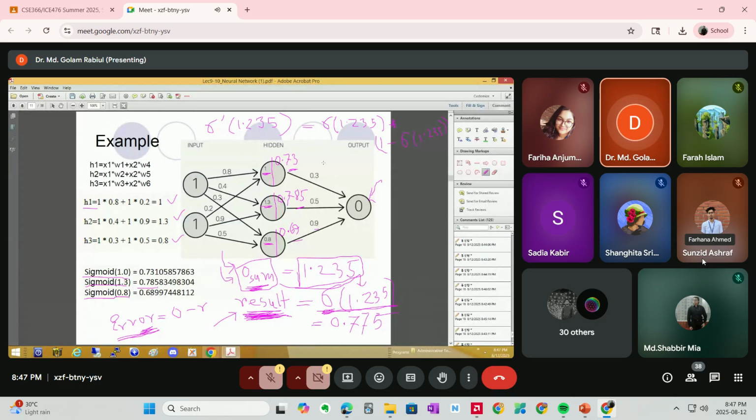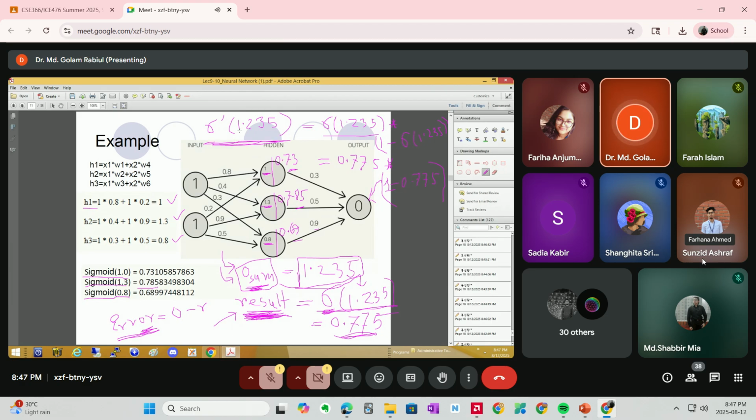Sigmoid of x is 0.775. So it will be 0.775 times 1 minus 0.775. Then we will get the derivative.